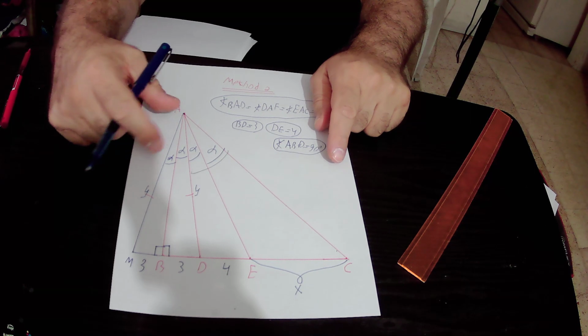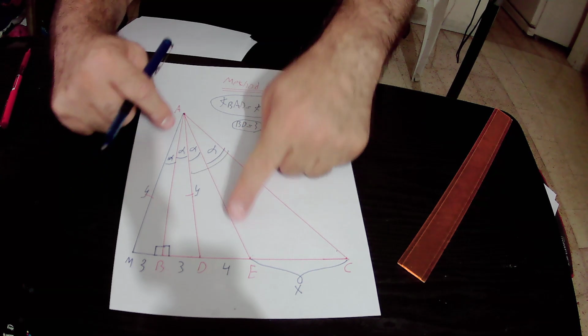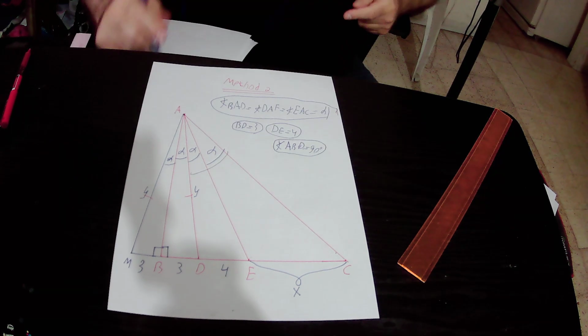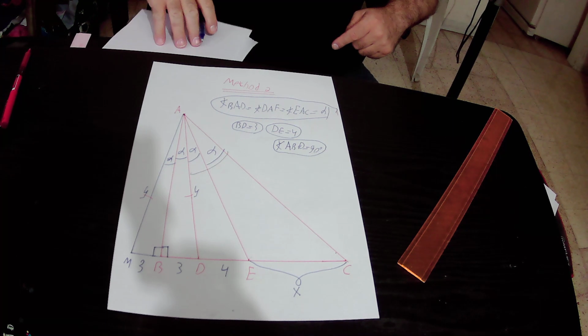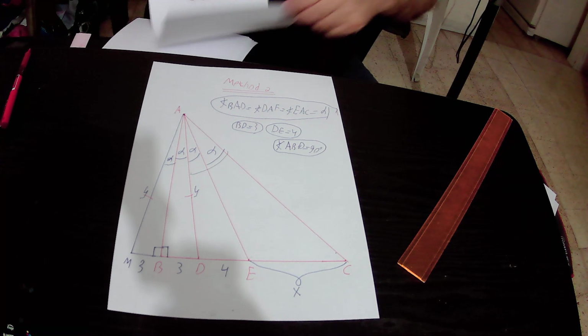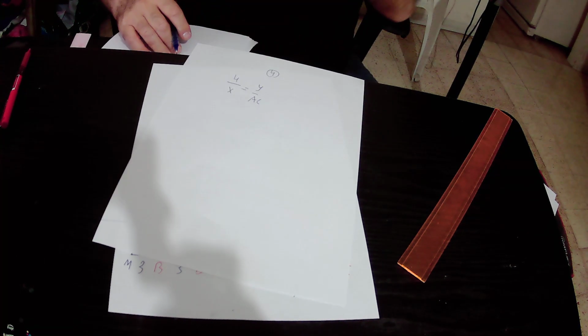The size of AD is actually Y, over AC. So in total we got that 4 over X equals Y over AC.